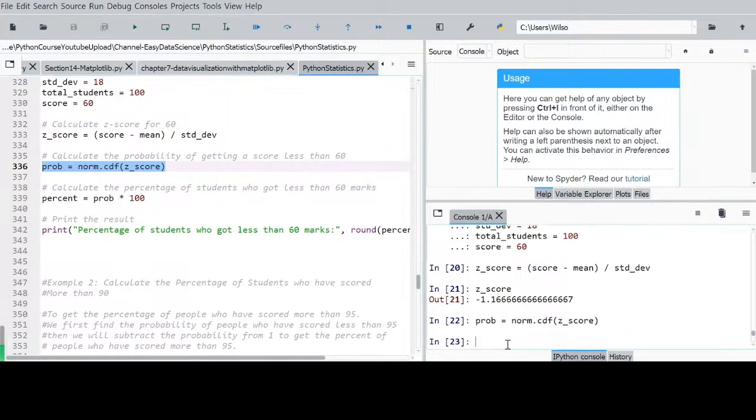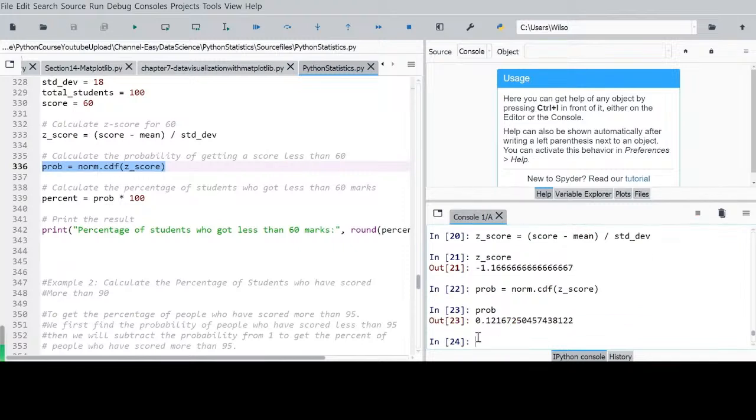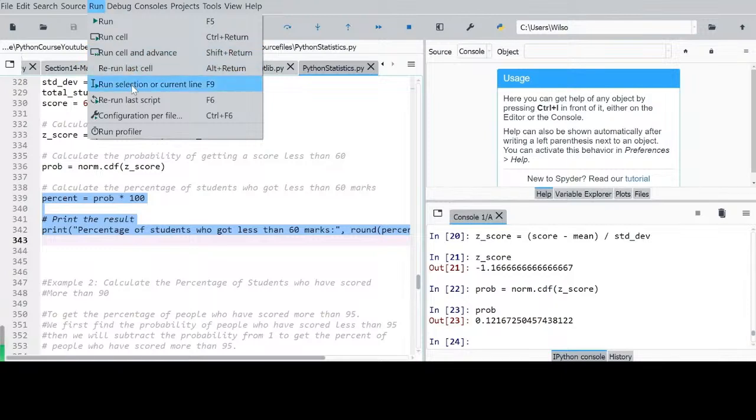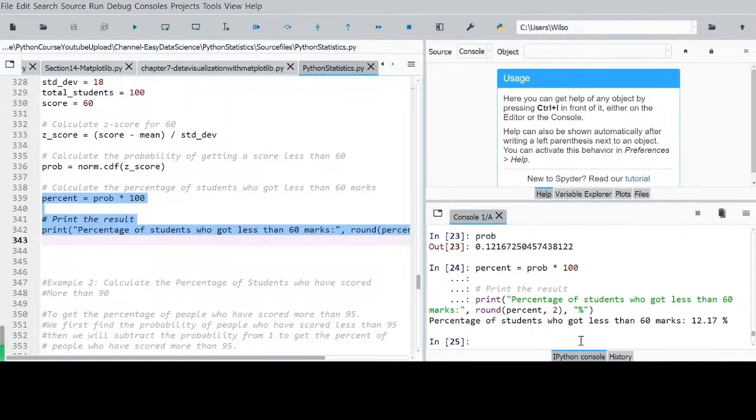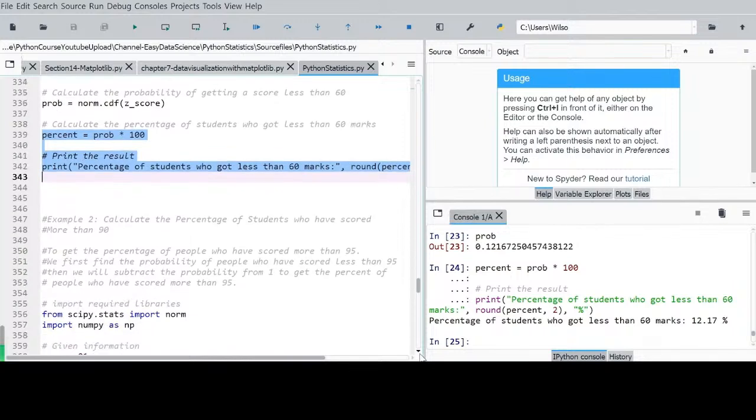It shows about 0.12. So next we calculate this as a percent value. So about 12.17% of the students have scores less than 60 in this example.